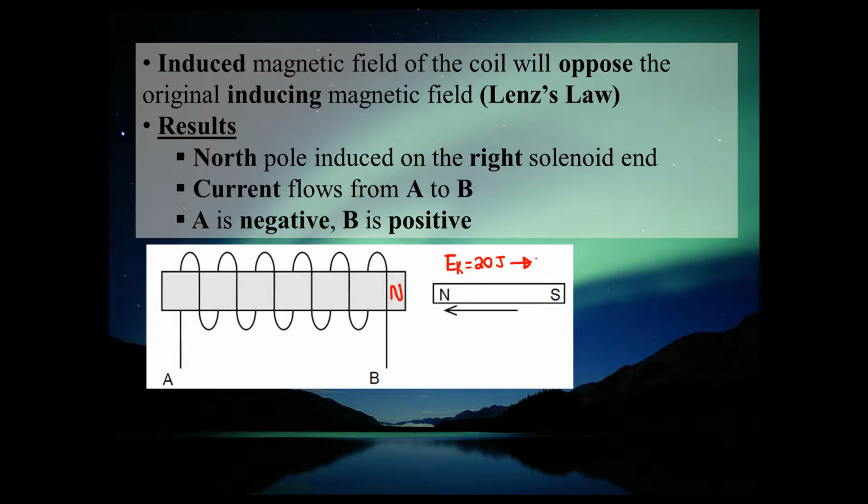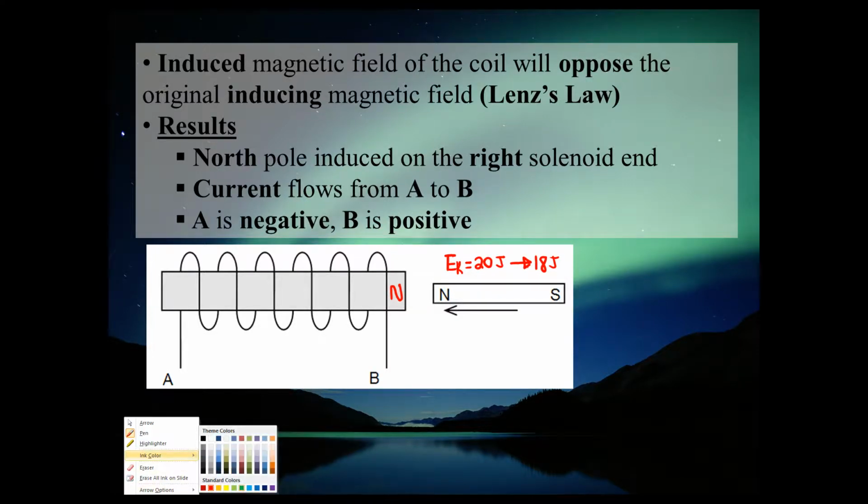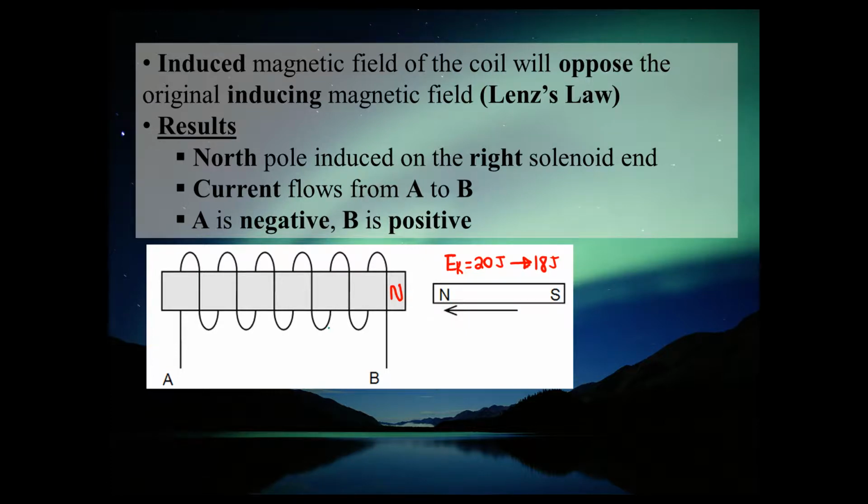So maybe it slows it down to 18 joules. So the immediate question would be, well, what happened to 2 joules of my energy in terms of conservation of energy? Well, the 2 joules of your energy would be given to making current. I suppose we could call that electric potential energy. So we'd have 2 joules.